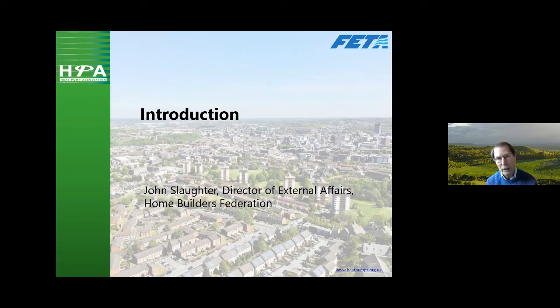We know there are a lot of challenges involved, but the first place to start is actually improving our knowledge base and exchanging information and ideas. So I hope today is going to be a useful part of that process. It is fairly early in that process, but important nonetheless. And I hope it will also be the beginning of a very close working relationship for us and our members with the Heat Pump Association and their members in the years to come in this important field.